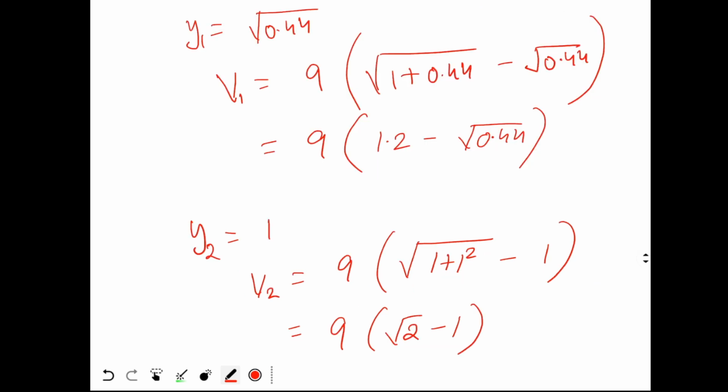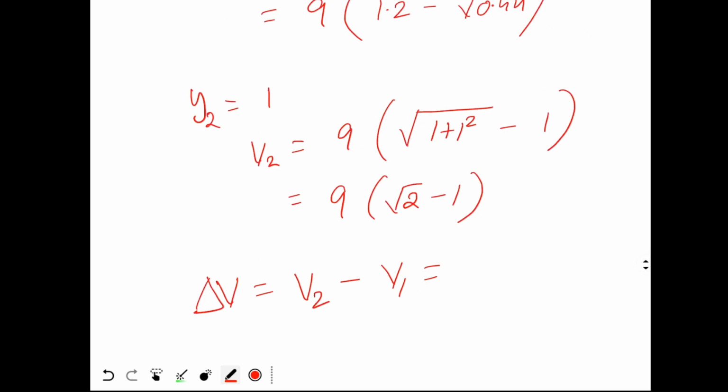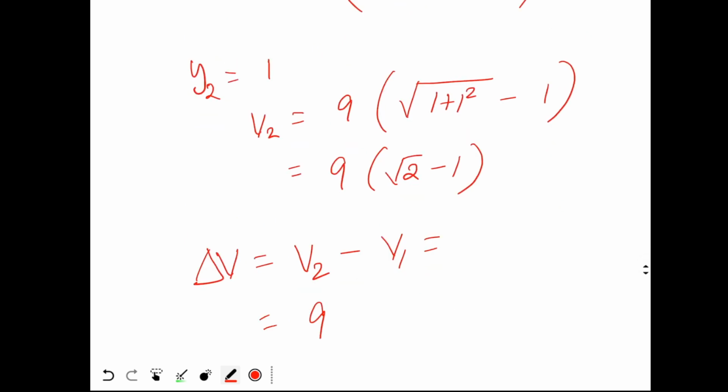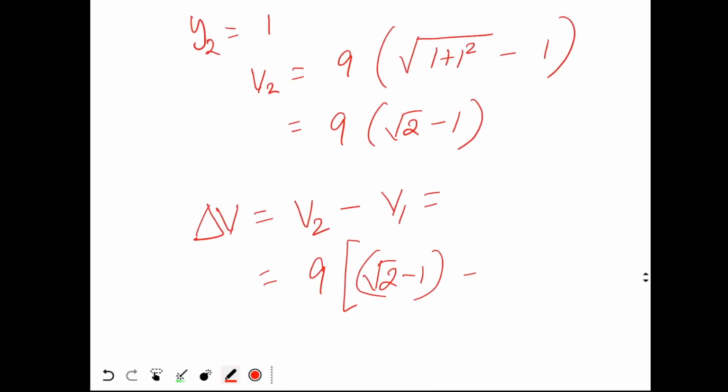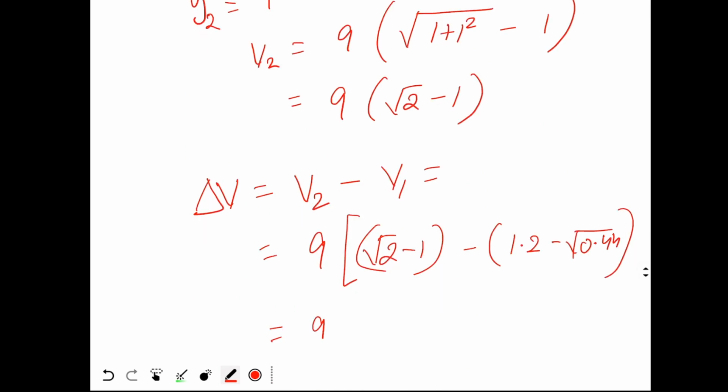So delta V, the change in potential, will be V2 minus V1, that is equal to 9 times root 2 minus 1 minus 1.2 minus root 0.44. So this is equal to 9 times root 2 minus 1 minus 1.2 plus root 0.44.